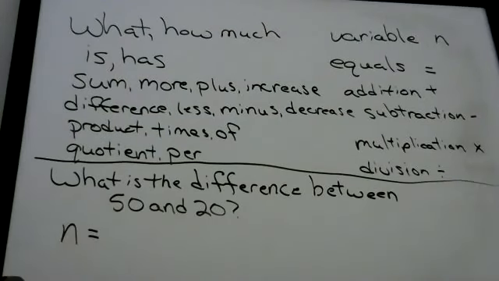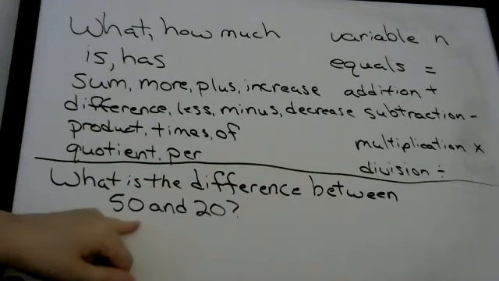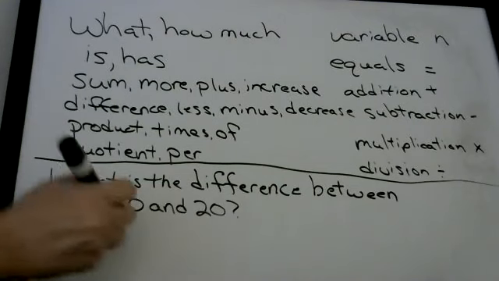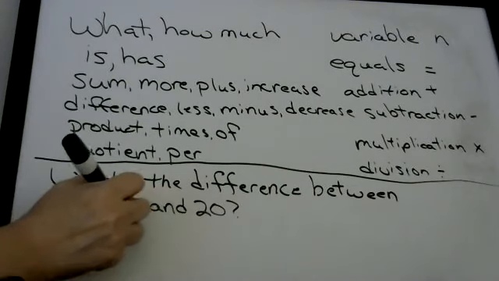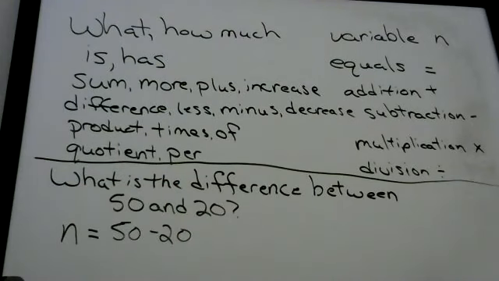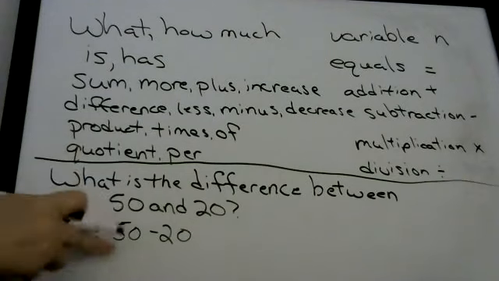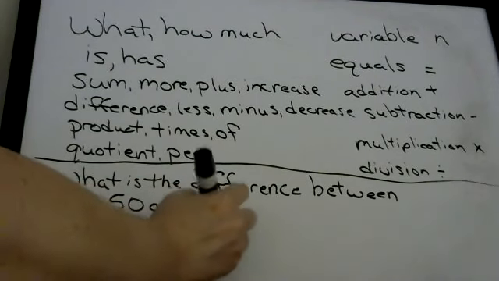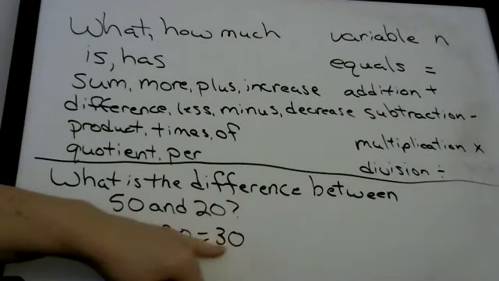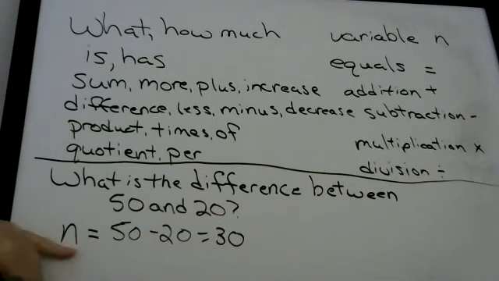So n equals the difference between 50 and 20. So we know we're going to subtract, and it should make logical sense that we're going to subtract by saying 50 minus 20. So what is the difference between 50 and 20? Well, 50 minus 20 is 30. So our answer is 30. Our variable, or what is the difference, is 30.